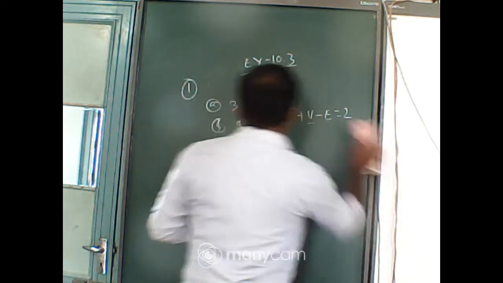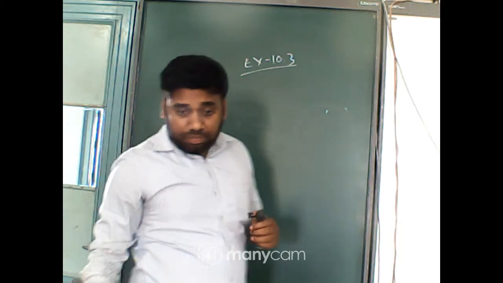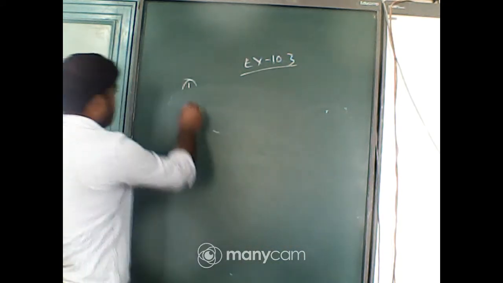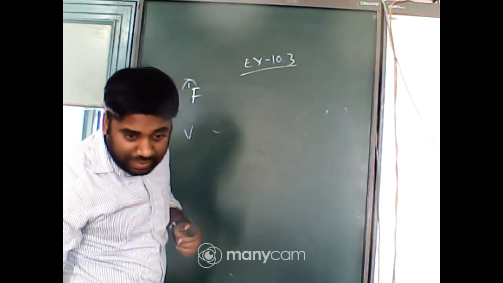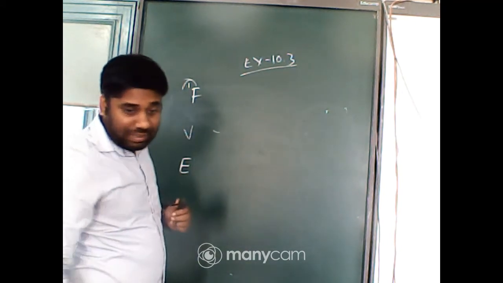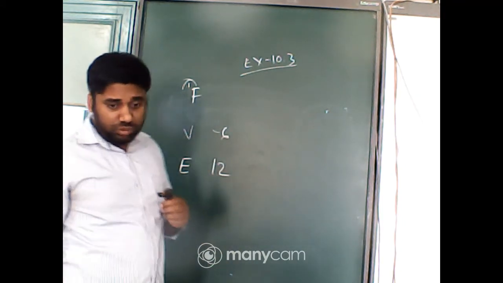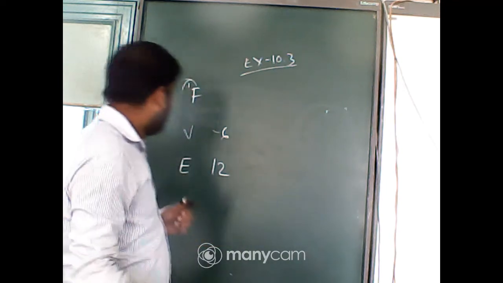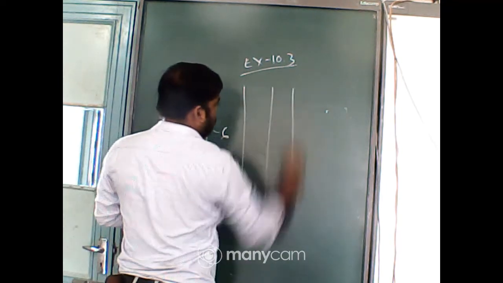Question number 7 of that exercise, that some faces, vertices and edges are given here. Okay, in the first question, when vertices are given 6 and edges 12, what will be the number of faces?